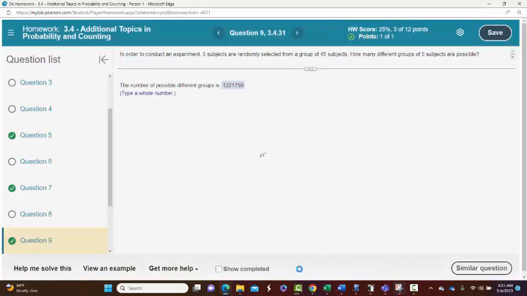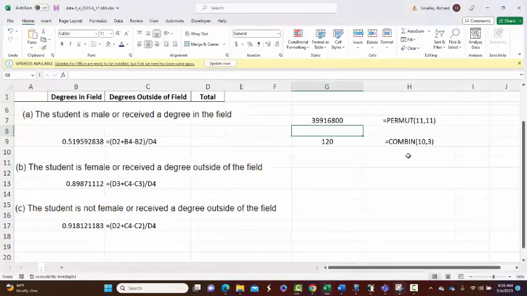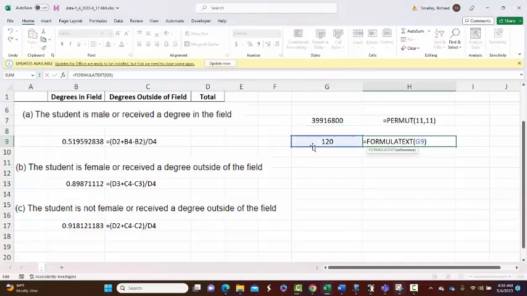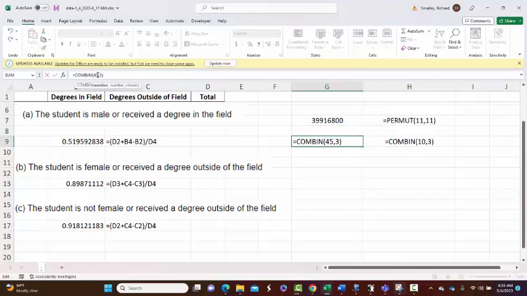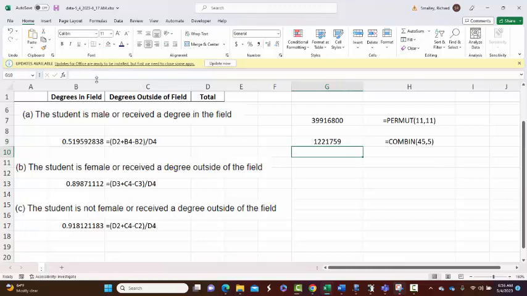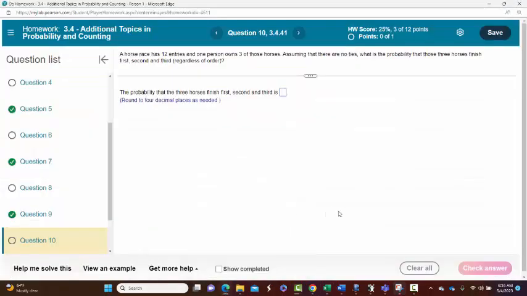And I'll put it back over in the spreadsheet just to show you. It was 45, choose 5. And like I say, you'll see it when I hit that. There we go. There it is. Combin 45, 5. So I don't know, it's whatever you like the best to do this.